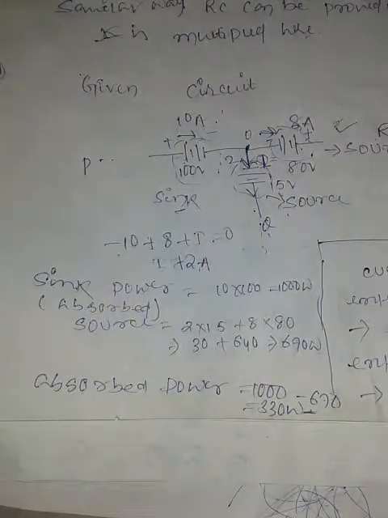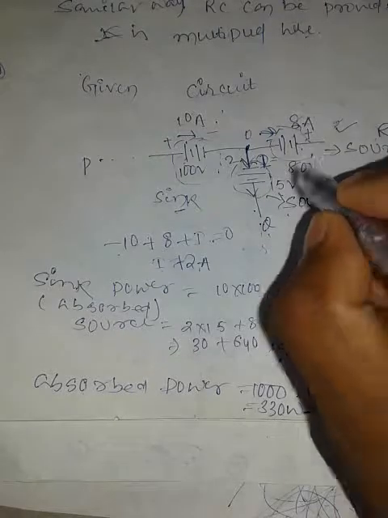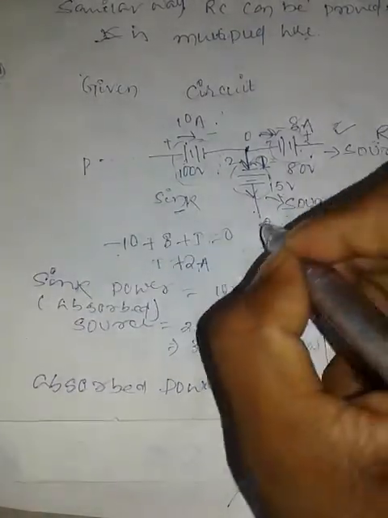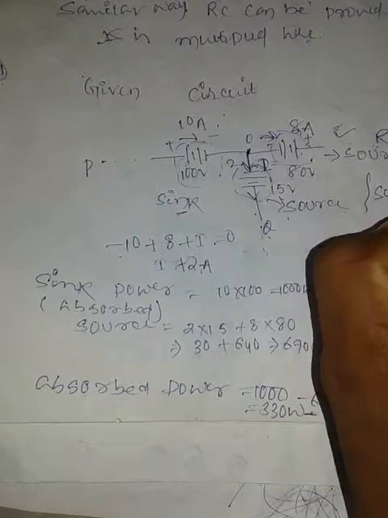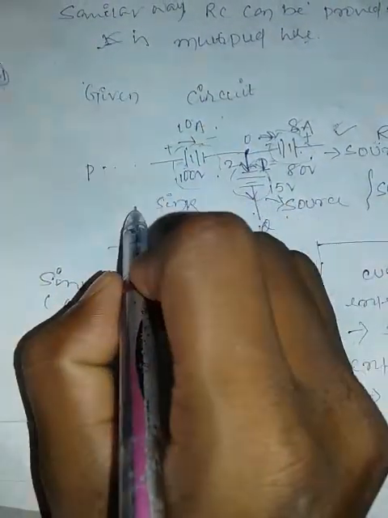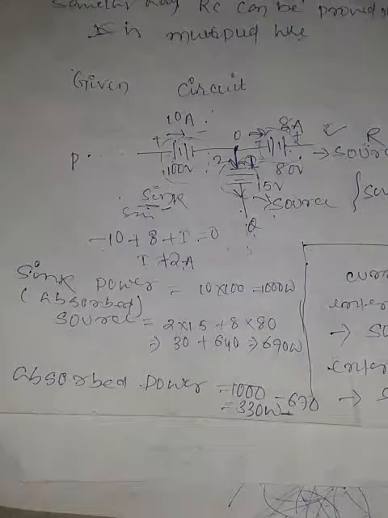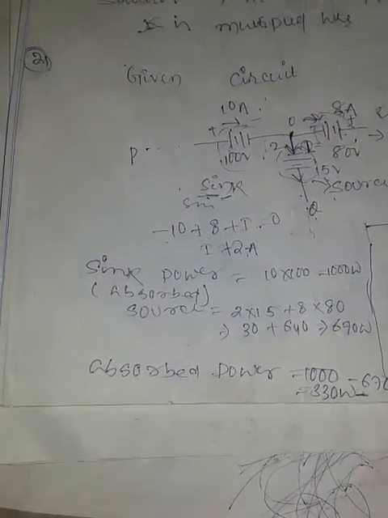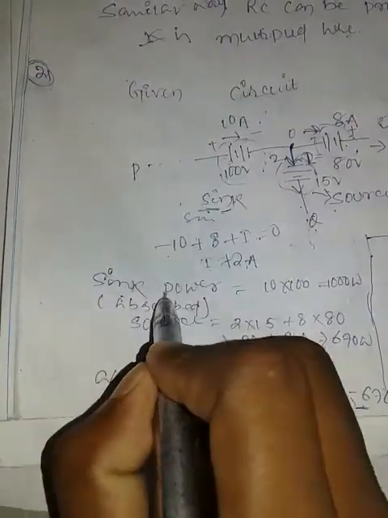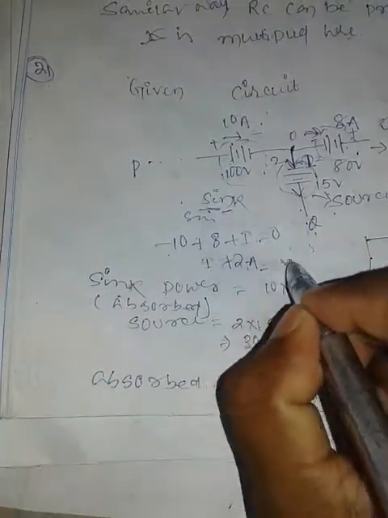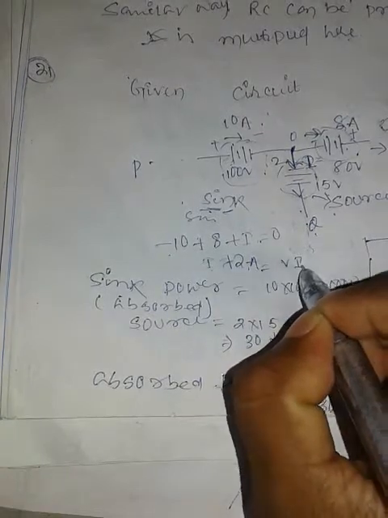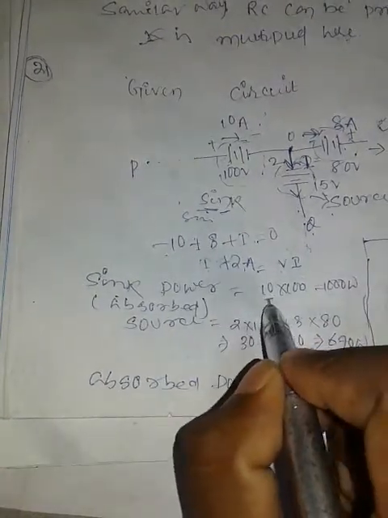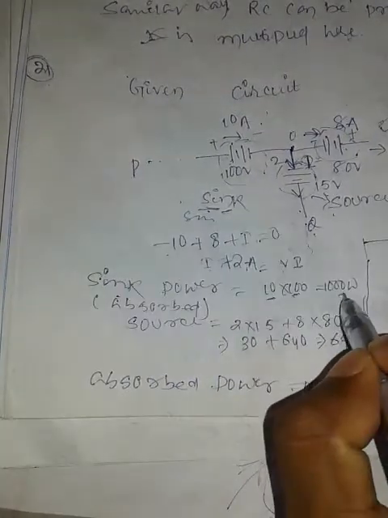So this is also acting as a source. So in this figure we have got lines R and Q as sources, and line P as a sink. So we can calculate the individual powers. The total sink power is equal to I into V. Here I is equal to 10 ampere, voltage is given as 100, so 1000 watt.